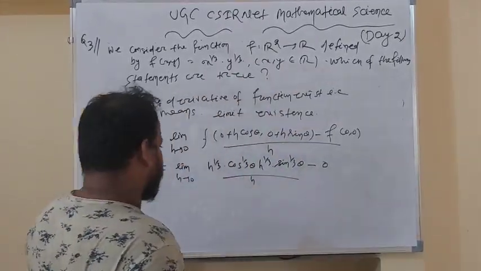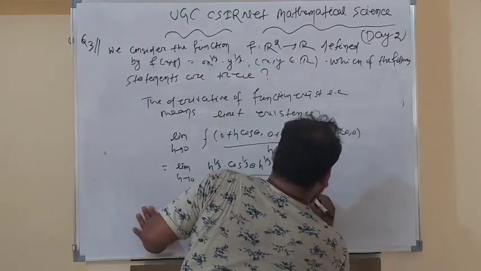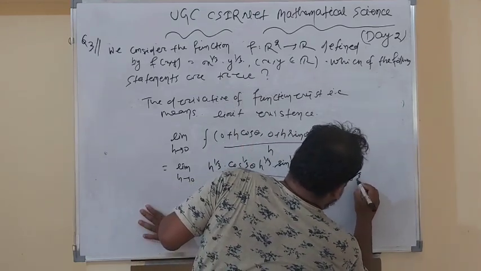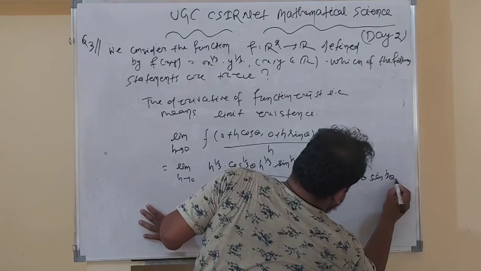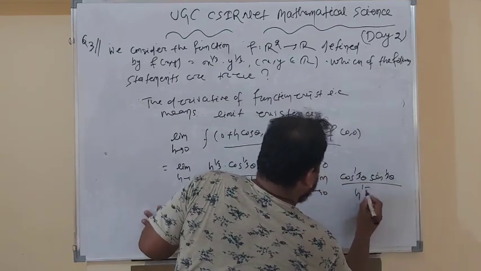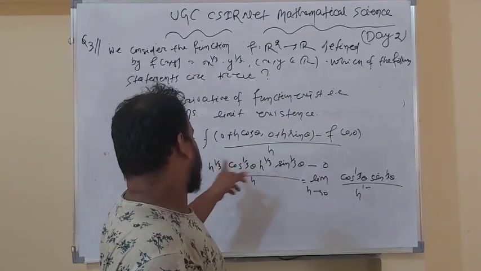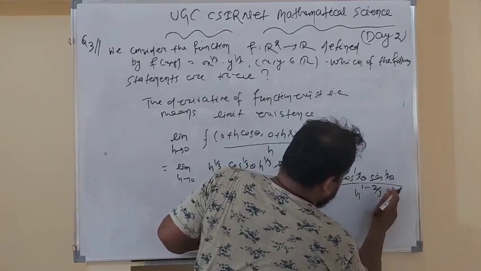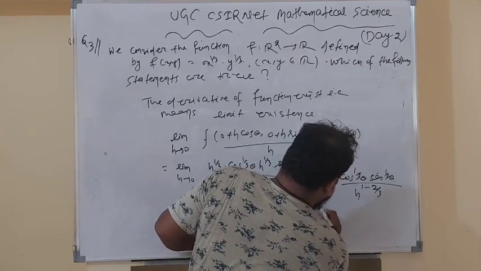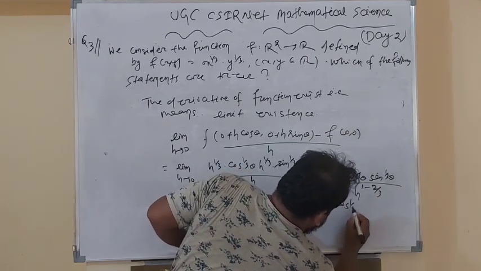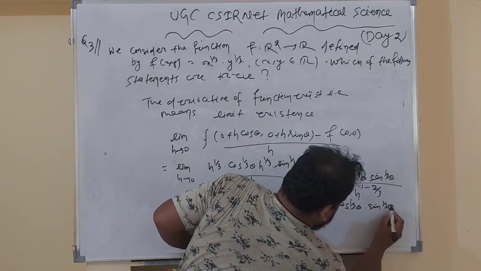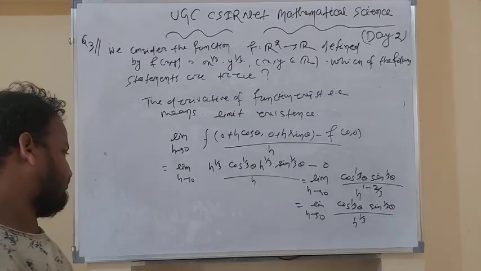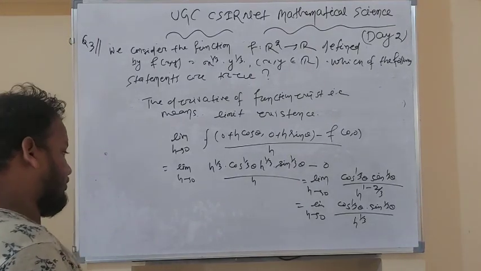That is limit as h tends to 0 of h^(2/3) cos^(1/3) theta sin^(1/3) theta over h, which is h to the power of 2/3 minus 1, that is minus 1/3. So the limit is cos^(1/3) theta sin^(1/3) theta over h^(1/3). Does this limit exist?